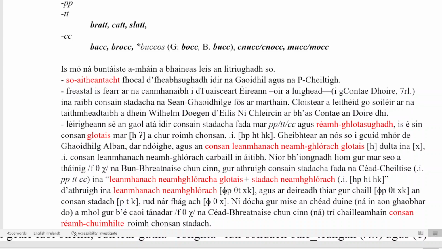So a bilabial fricative before a bilabial stop, a voiceless coronal fricative before a voiceless coronal stop, and a voiceless velar fricative before a voiceless velar stop.